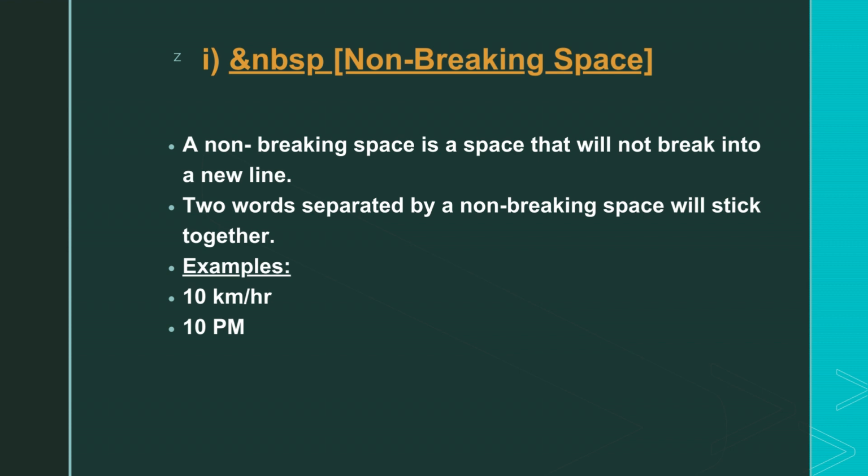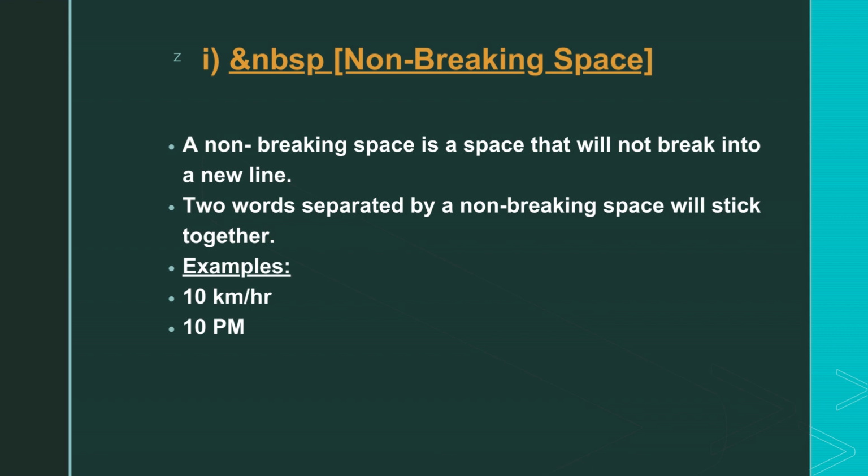A commonly used entity, it will not break into a new line. Two words separated by a non-breaking space will stick together. Examples given are 10 km per hour and 10 p.m. Two words separated by a non-breaking space will stick together and not break into a new line. Another common use of the non-breaking space is to prevent browsers from truncating spaces in HTML pages.